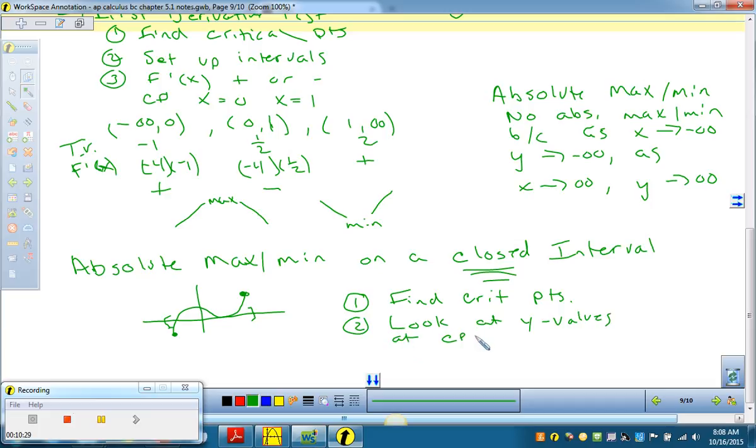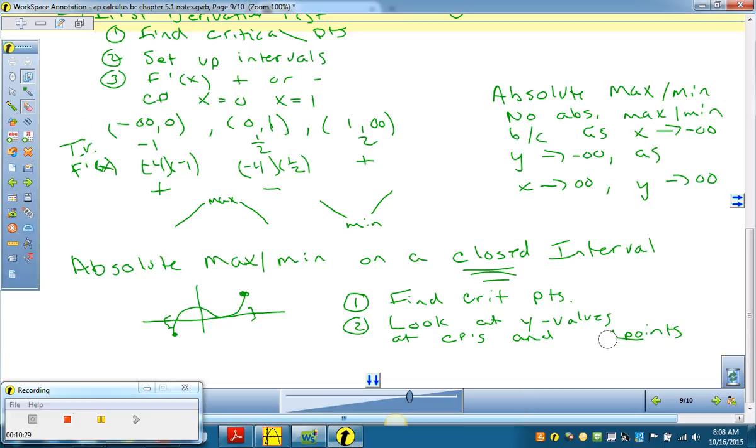So we're going to look at the y values at critical points and endpoints. There's the most forgotten part, is on a closed interval everyone forgets to check the endpoint.